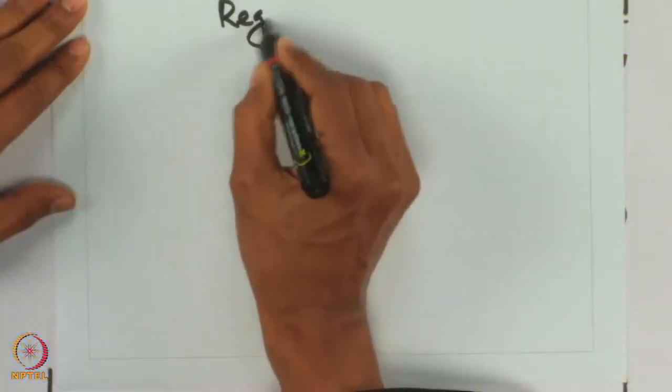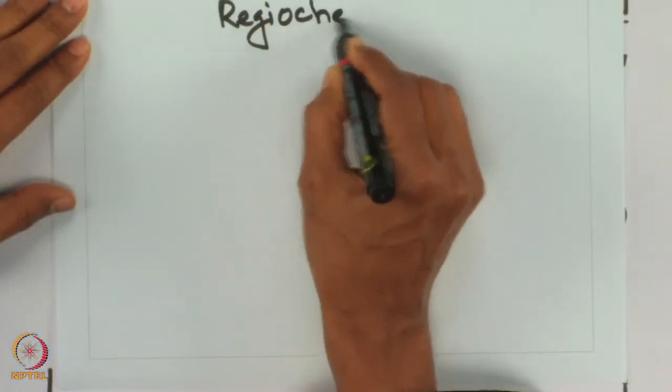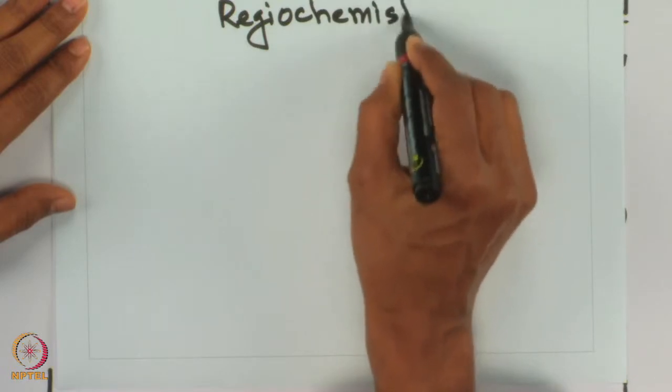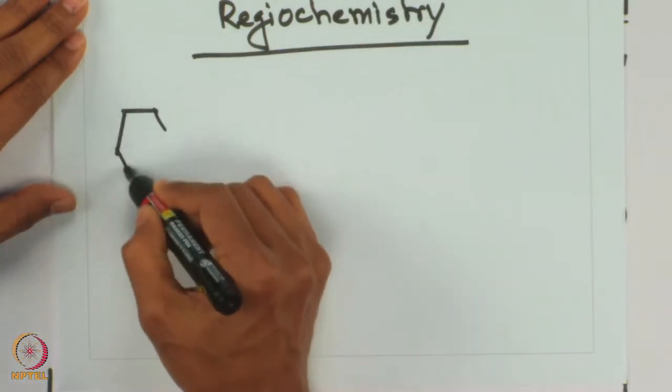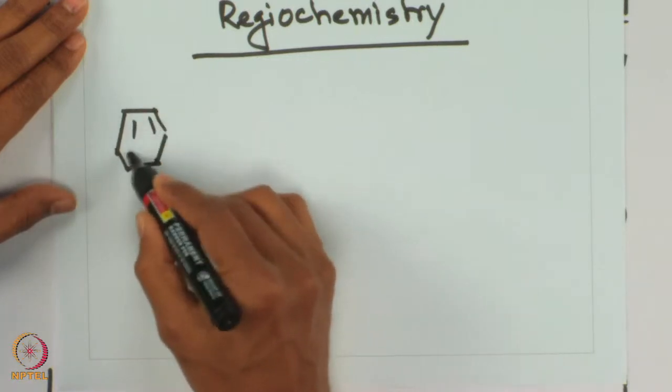Can we draw it in a clear fashion and try to understand why that sterically less substituted position will be substituted during the Heck reaction? So, the regiochemistry: at the less substituted position, we will be getting the substitution, right, the aryl substitution.